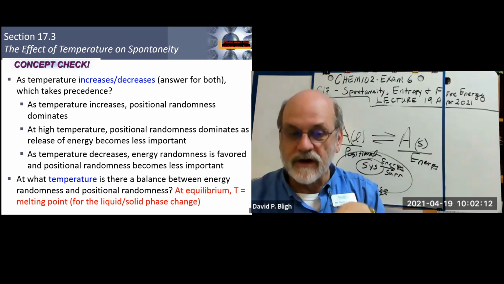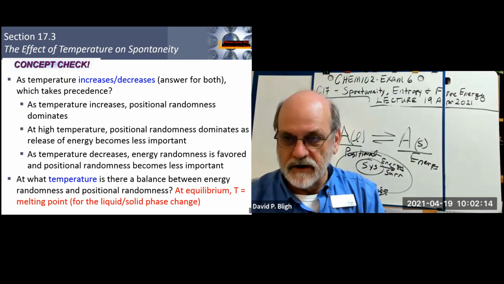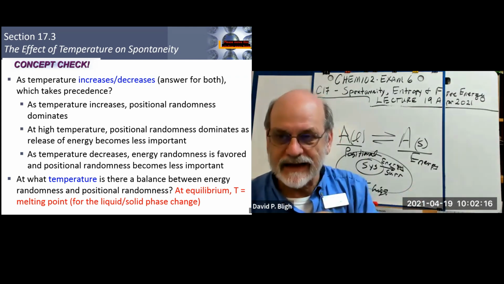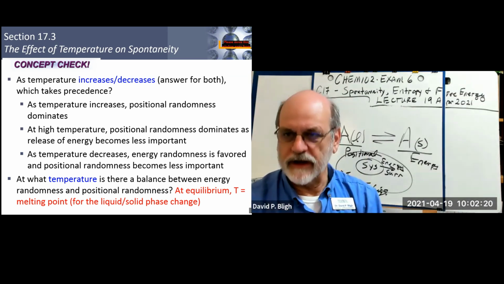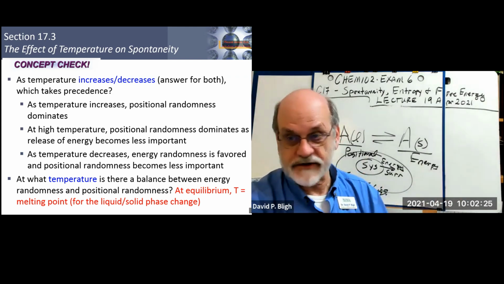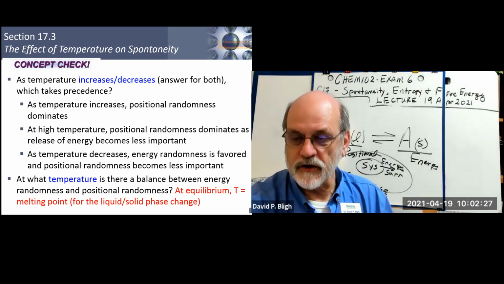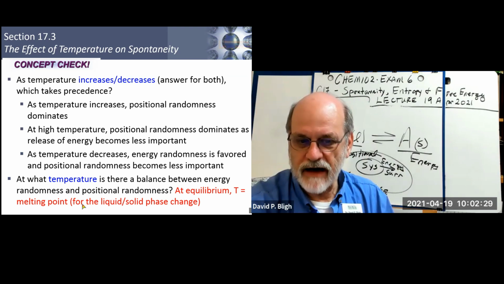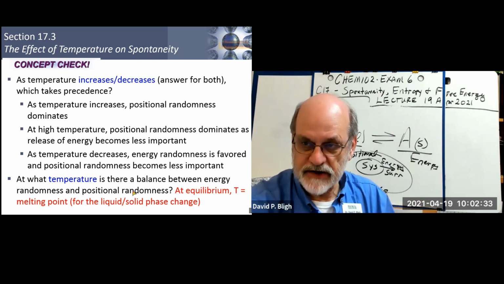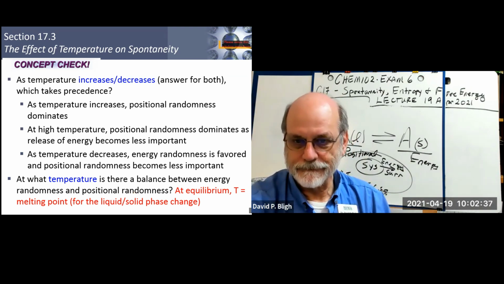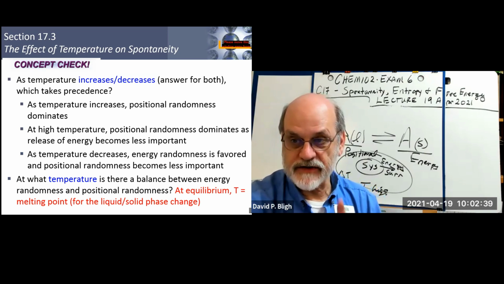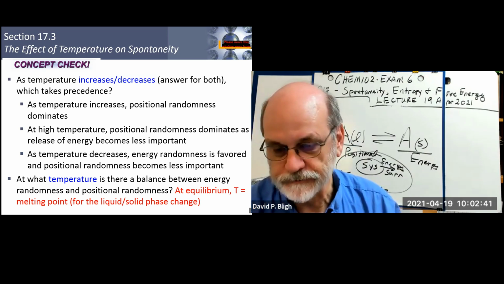That occurs at the melting point, when you have both solid and liquid together. This is for our example, right? We can expand that to other things like boiling point. It worked the same way. At the temperature of boiling point, you have a balance. There's equilibrium between the positional randomness and energy randomness. Right? Hold on to that concept. It's going to be very useful.